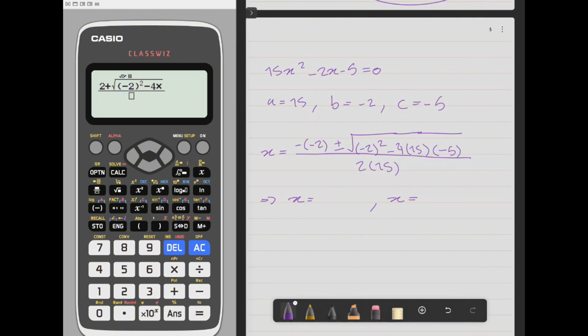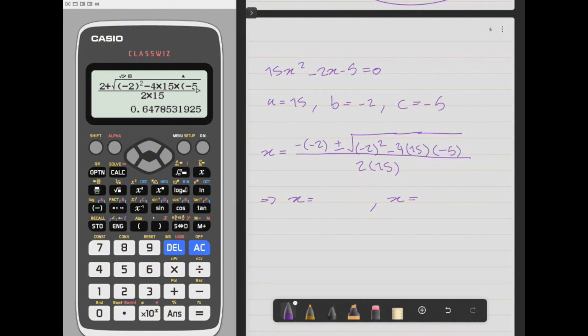Minus 4 times 15 times minus 5. I can write it just like this without brackets because the calculator will recognize it, but you have to write it with brackets, the minus 5, inside the exam. So I just write minus 5 over 2 times 15.